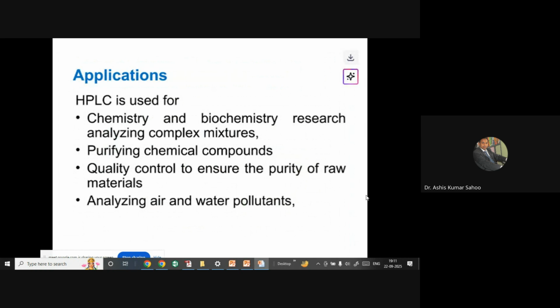Applications: HPLC is used for chemistry and biochemistry research, analyzing complexes, purifying chemical compounds, quality control to ensure the purity of raw materials, and analyzing air and water. So it is used for different purposes. These are the applications of HPLC.